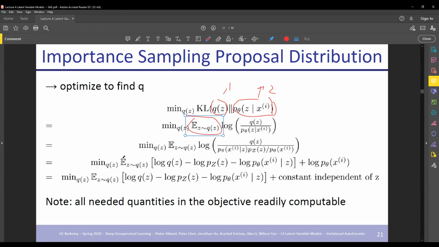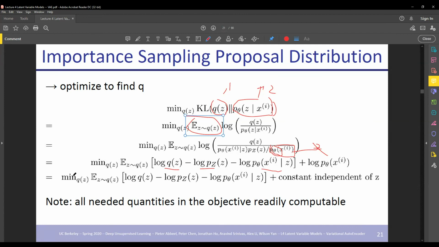The one other thing to notice as you push through the math is that while these values have Z, and Z is sampled from Q of Z, this term doesn't have any dependency on Z. So it can be pulled out of this expectation with respect to Z sampled from the Q of Z distribution.